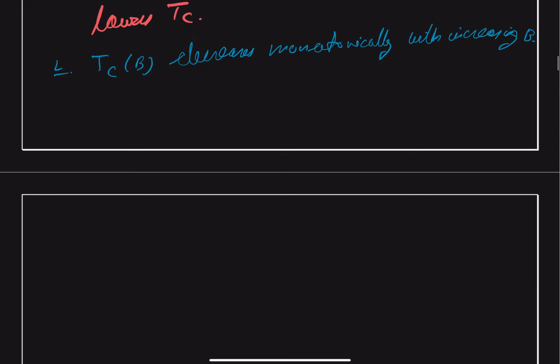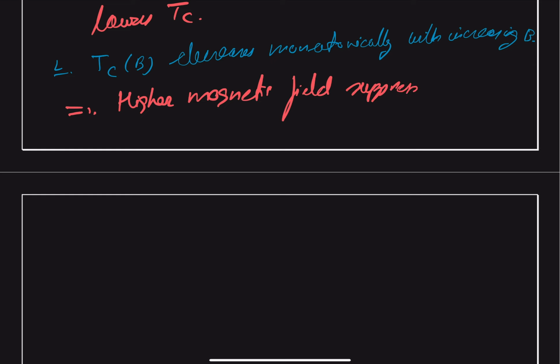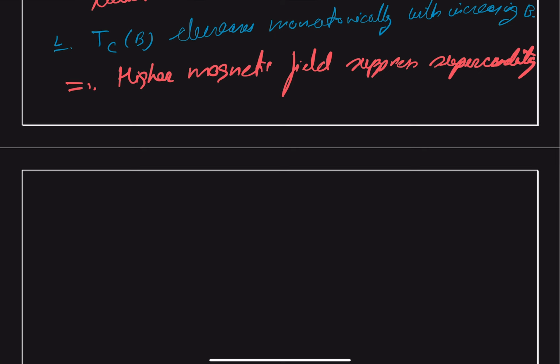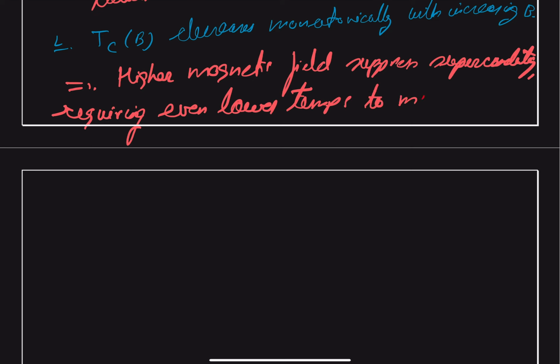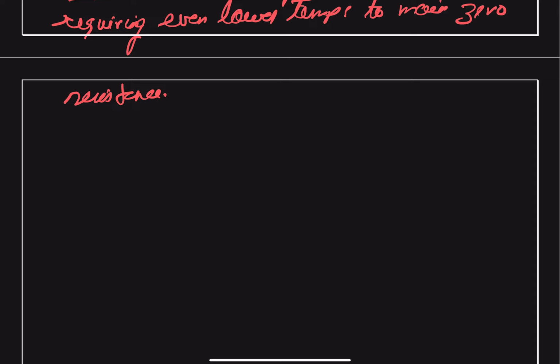So we can say that higher magnetic field suppresses superconductivity, requiring even lower temperatures to maintain zero resistance.